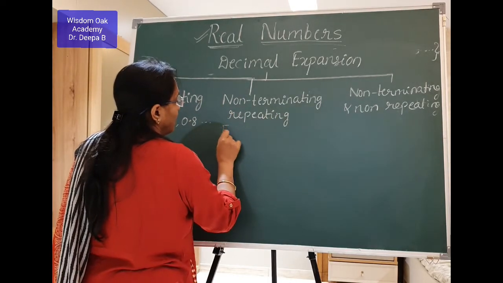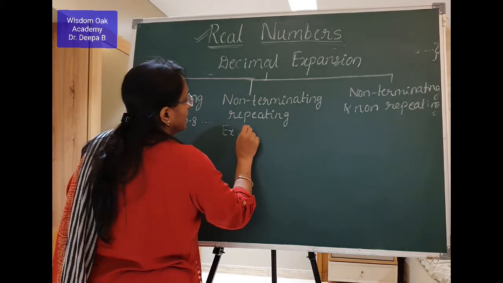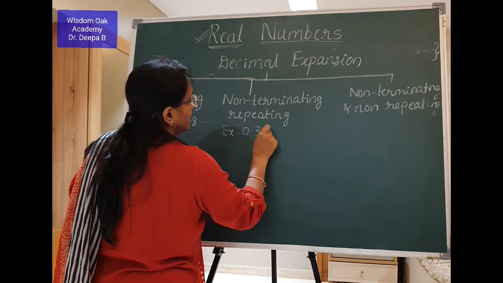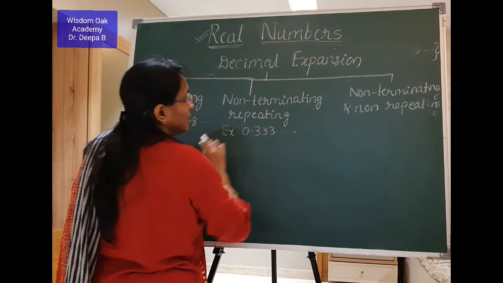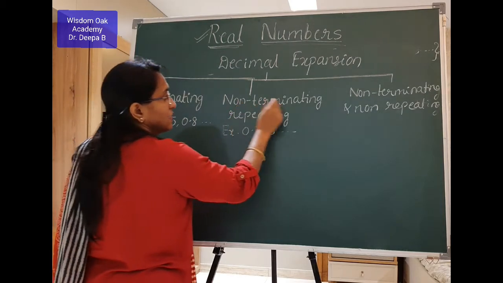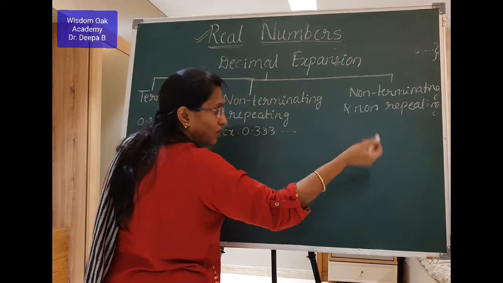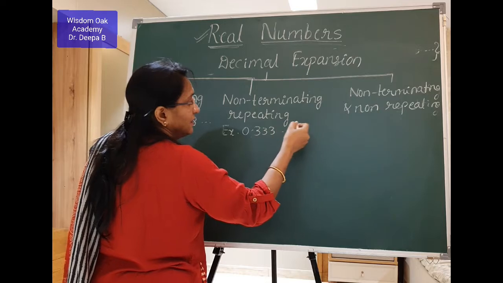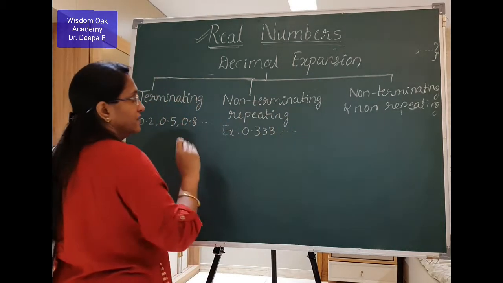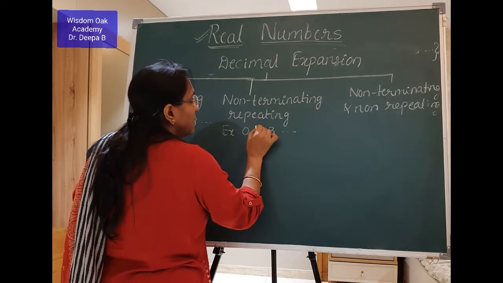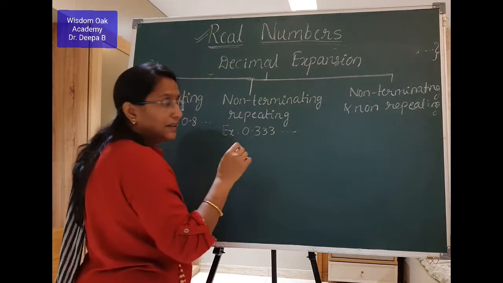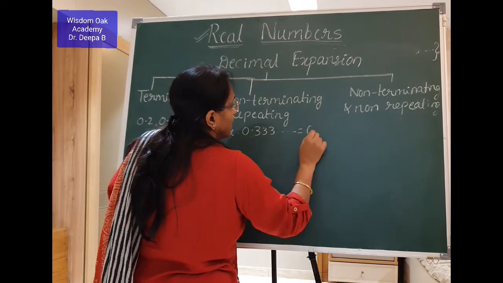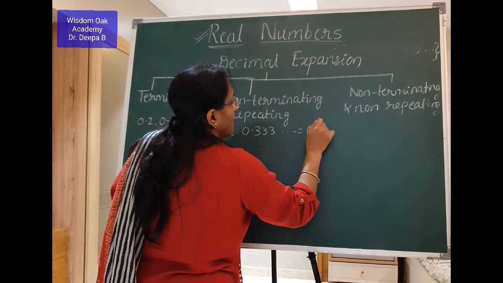For example, if I take 0.333, just observe here, it is non-terminating, it goes on continuously like 0.333. Repeating means the same term is repeating here, 333. So we write this as 0.3 bar.